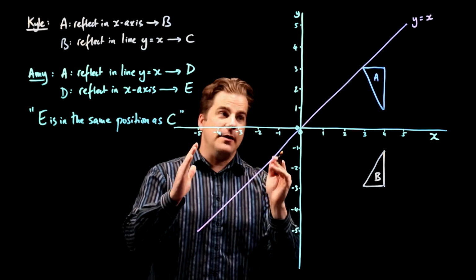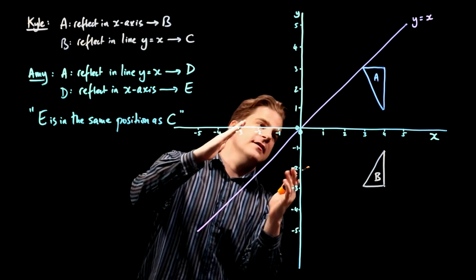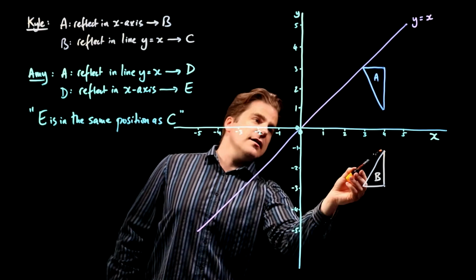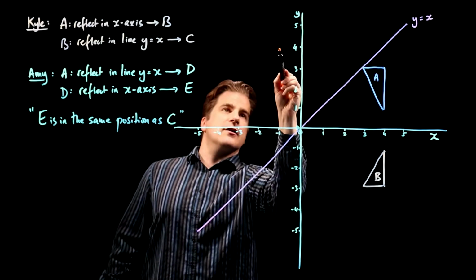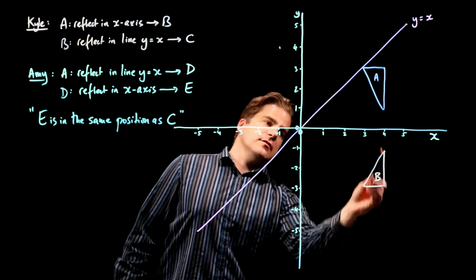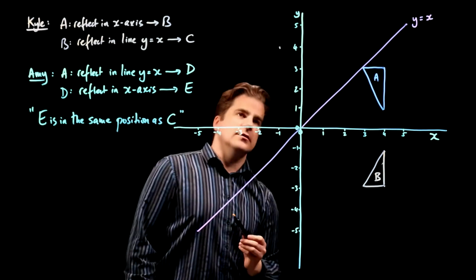You might want to turn your paper and look at it like this. It makes it much easier to see. We're reflecting in this line, that point is going to go there, right?